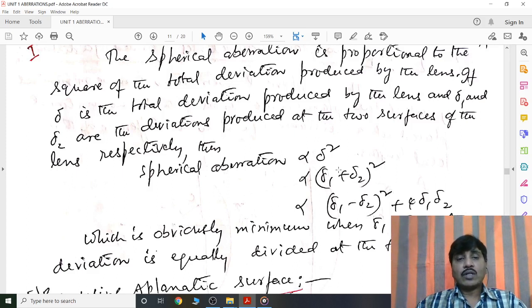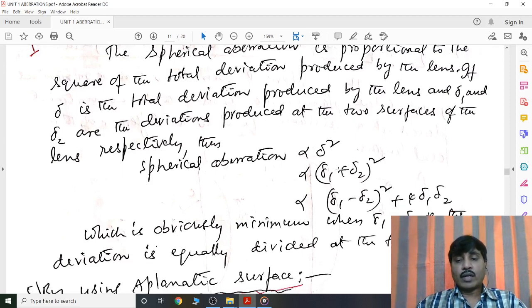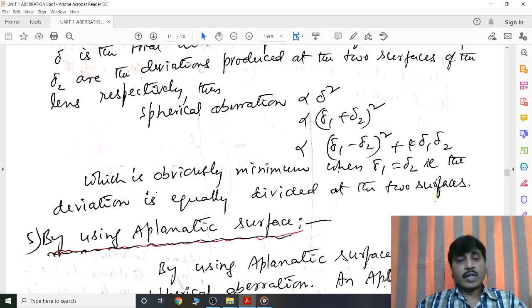If delta is the total deviation produced by the lens and delta 1 and delta 2 are the deviations produced at the two surfaces of the lens respectively, then the spherical aberration is proportional to delta square, that is proportional to delta 1 plus delta 2 whole square, that is proportional to delta 1 minus delta 2 whole square plus 4 delta 1 delta 2, which is obviously minimum when delta 1 is equal to delta 2, that is the deviation is equally divided at the two surfaces.